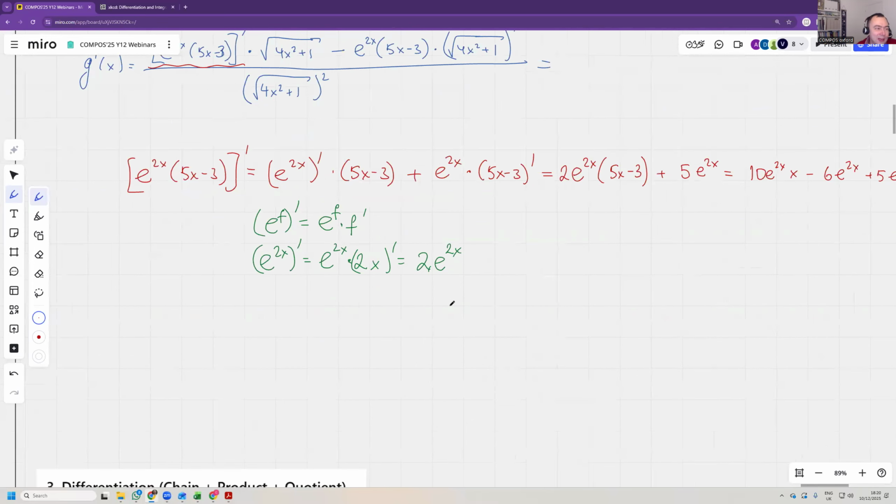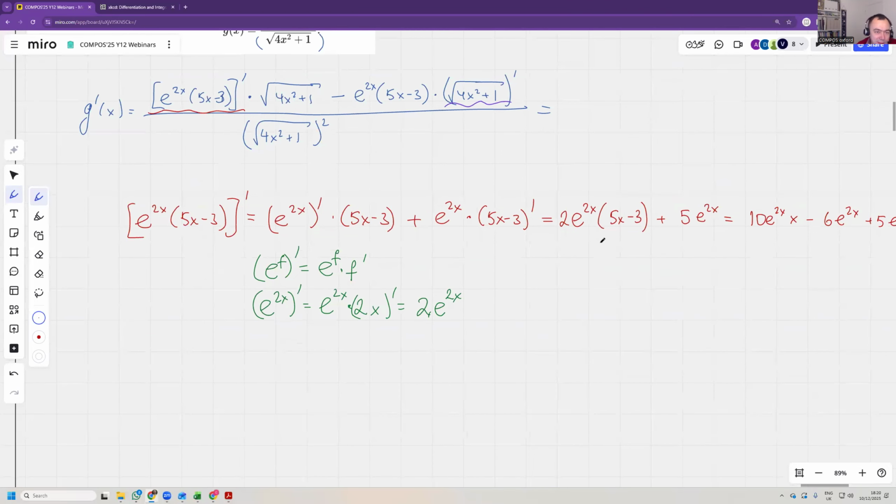Right, finally, I got this bit. Let's use purple color for this. So how do we deal with that? The square root of 4x squared plus 1, and I want to find the derivative.